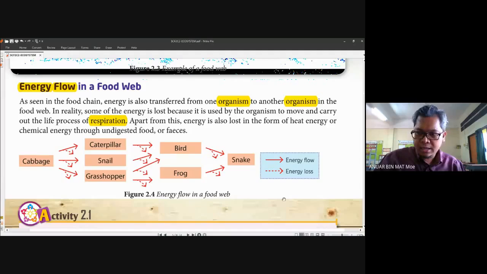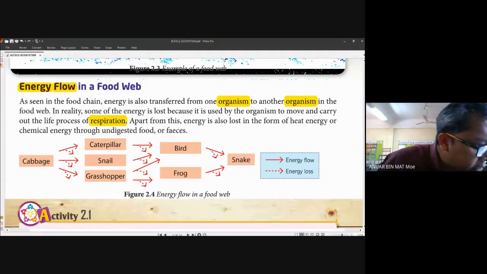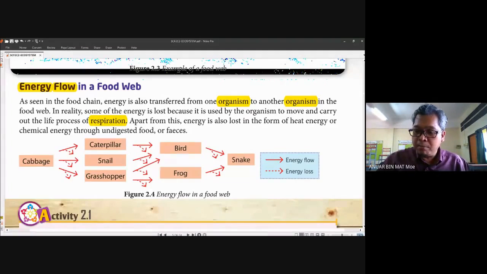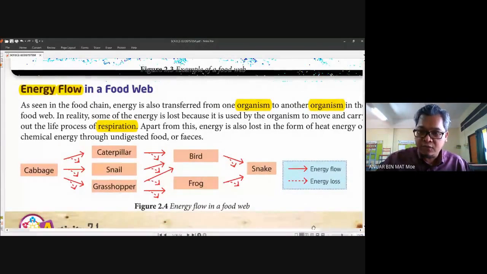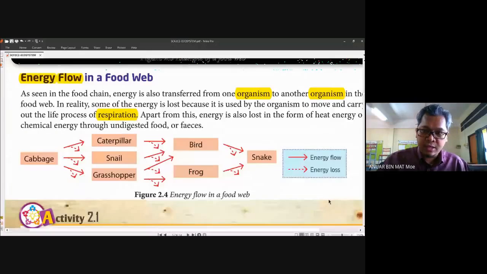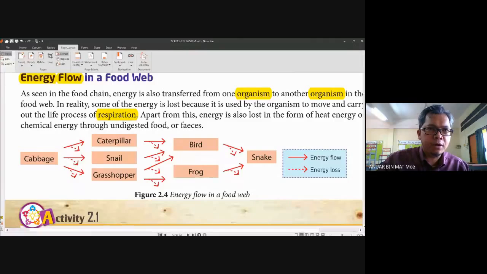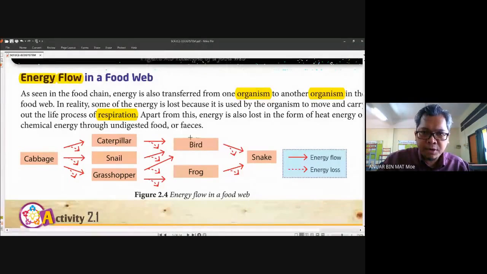You can see here, okay, Ziying, different. Chua Wei Xiang, yes, very good. The amount of energy transfer is different, yes. If you say different, the energy is lost or gained. For example, the birds here eat the caterpillar.